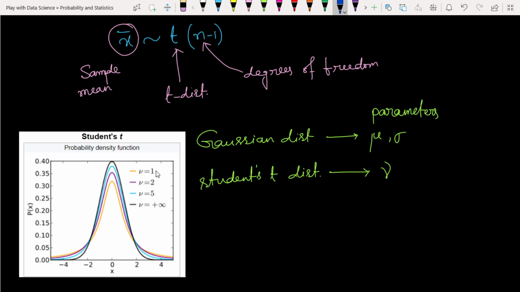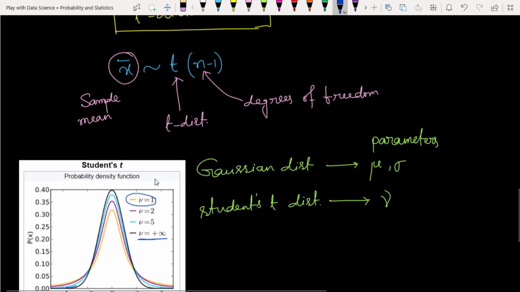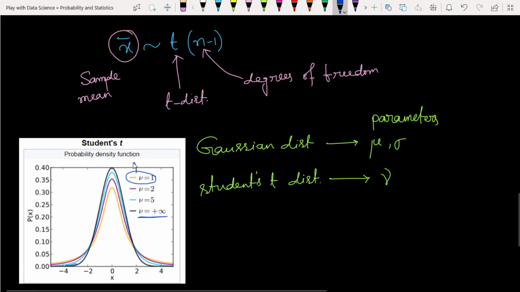See this yellow line here: nu is 1, so the peakedness is lesser. If you increase it to 2, you get the violet line. The blue line is for nu equal to 5, and if nu equals infinity, you get this red line. This value is called the degrees of freedom.